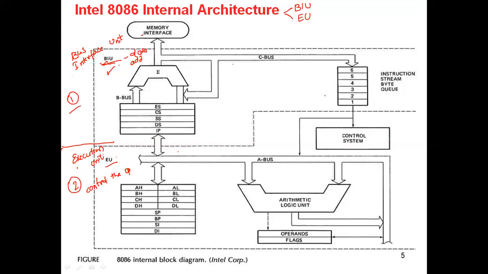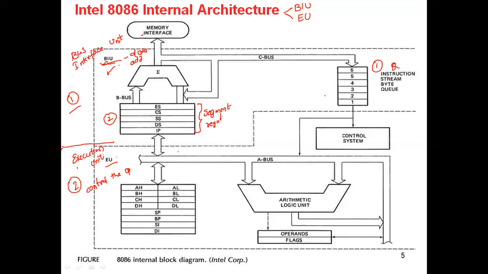The bus interface unit has the following functional parts. The first is the instruction queue, or instruction stream byte queue, which is the major part in the bus interface unit. The next one is the segment registers.